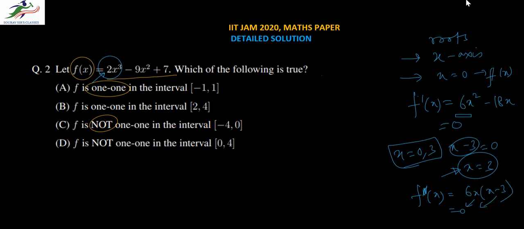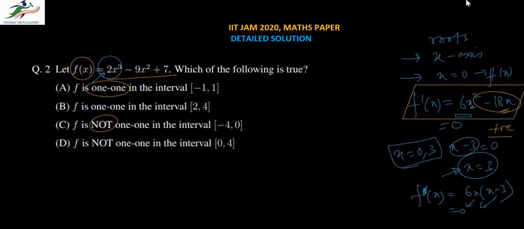Now look at the first derivative. Now we can clearly understand that any value below 0 will result in a positive value for f dash x. Why? Because x below 0 or x being negative will mean that minus 18x will be positive, and x squared is always positive.